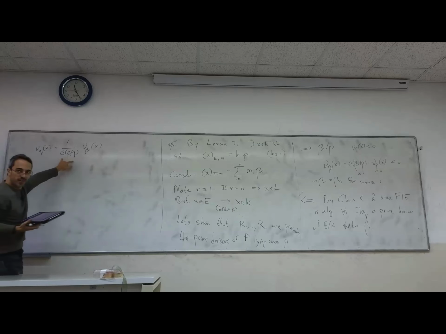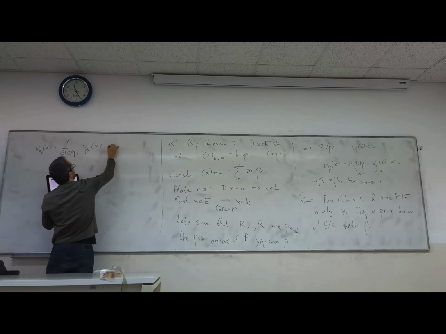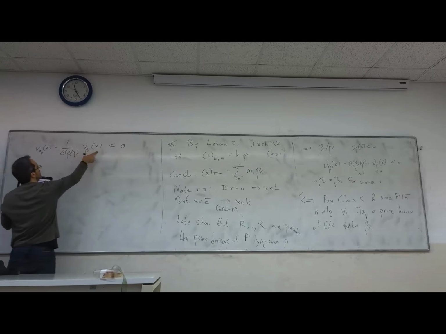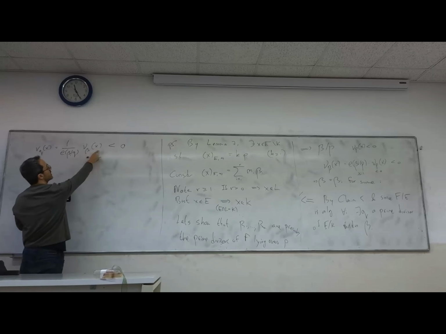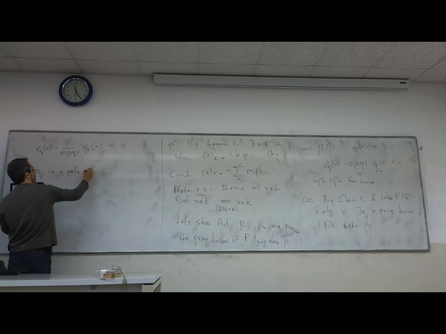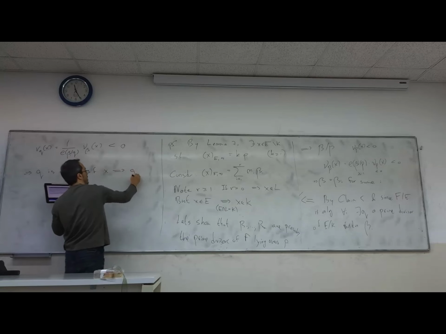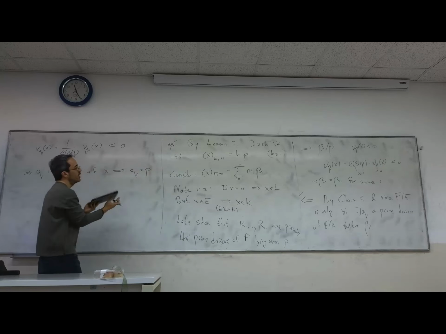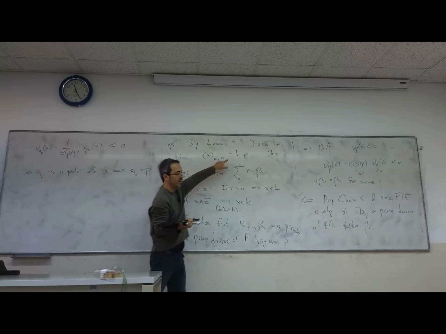This is not zero, it's at least one of the times. And we know that this is negative. I mean, this is positive, this is negative because P_i is a pole of X. So this is negative. So this means that Q is a pole of X. So Q is a pole of X. Hence Q is P, because the only poles of X in E are P.